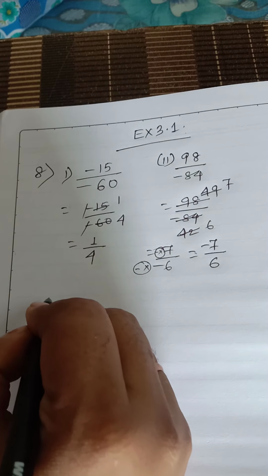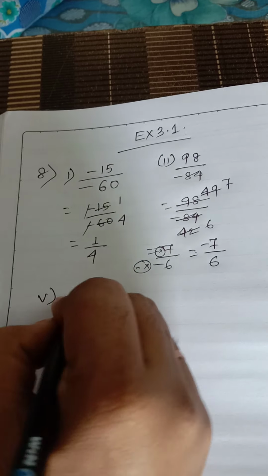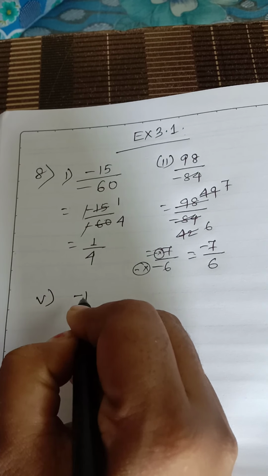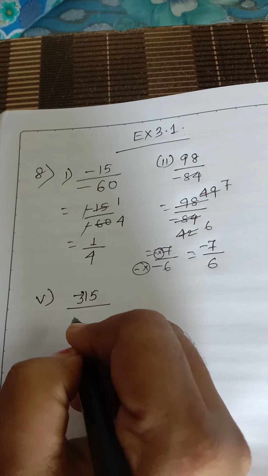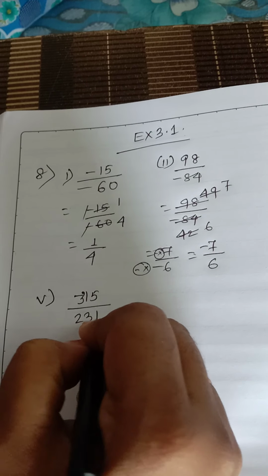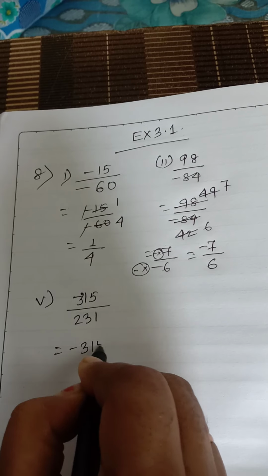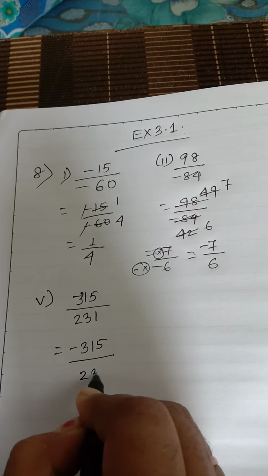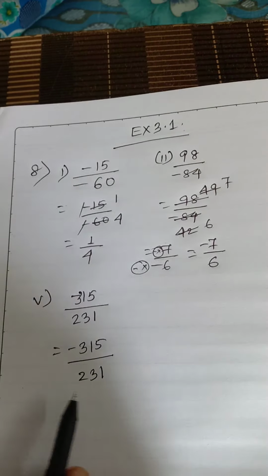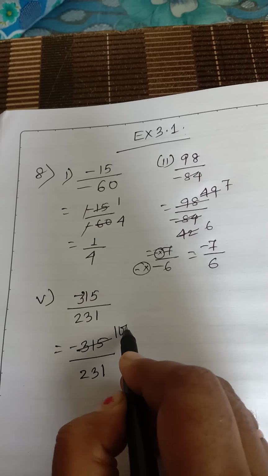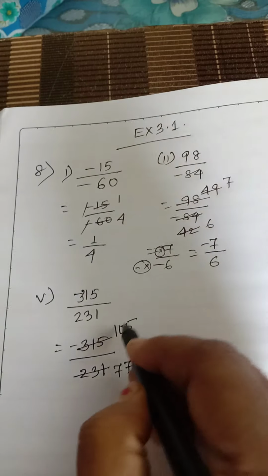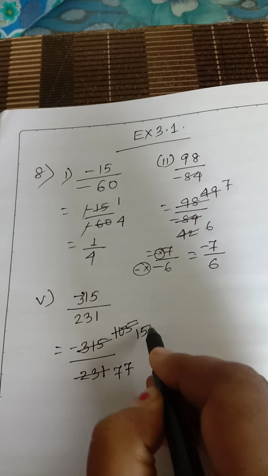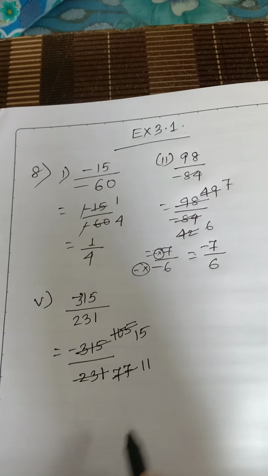Look at question number 5. It is given minus 315 by 231. So we'll be writing minus 315 by 231. Both the numbers are divisible by 3. 3 ones are 3, 3 5s are 15, 3 7s are 21, 3 7s are 21, 7 15s are 105, 7 11s are 77.